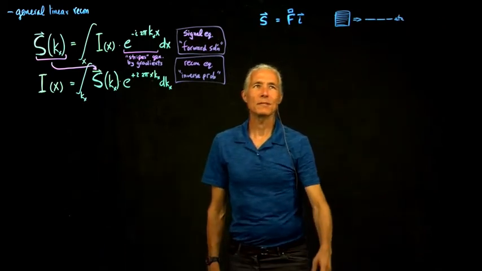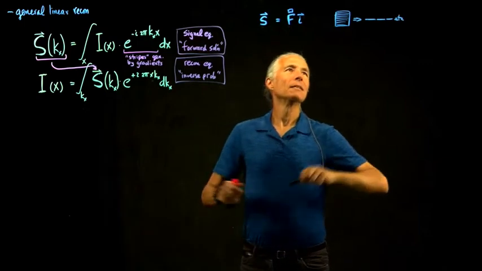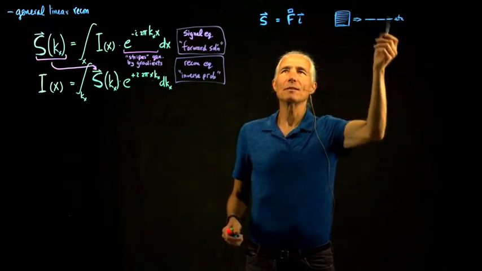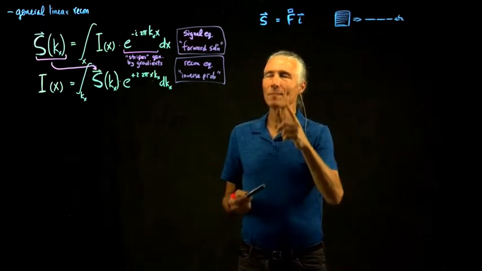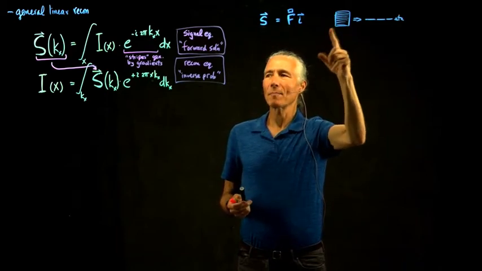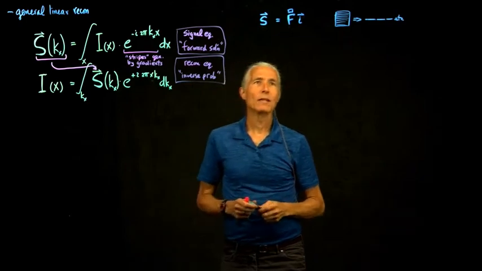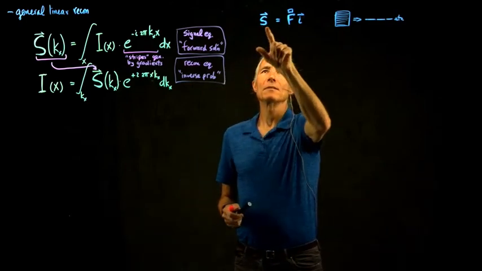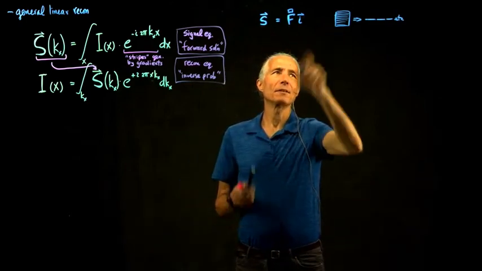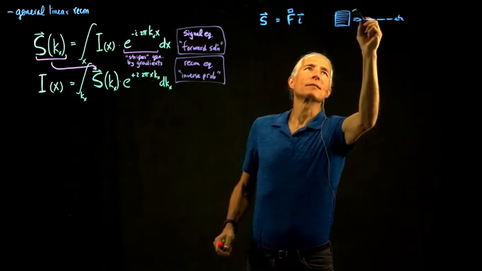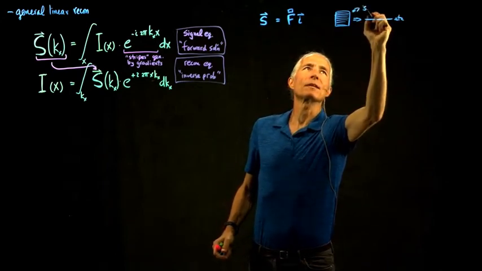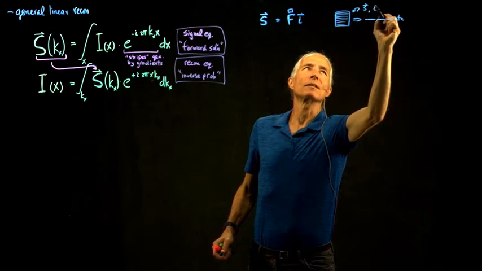This image could just be turned into a single one-dimensional vector by unwrapping all the lines of it. And this would be the S vector, or the image vector.